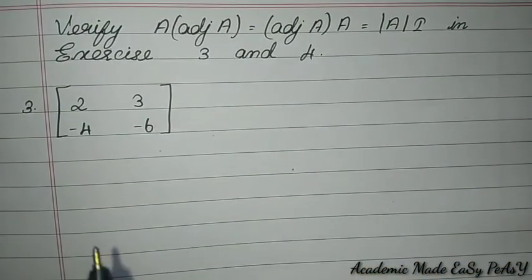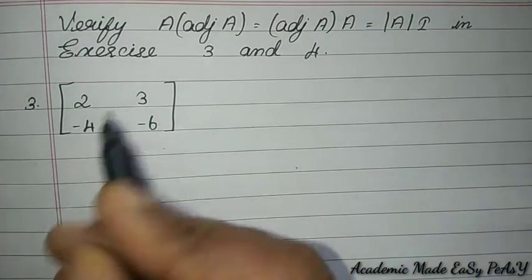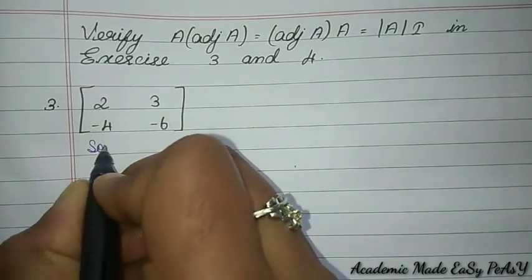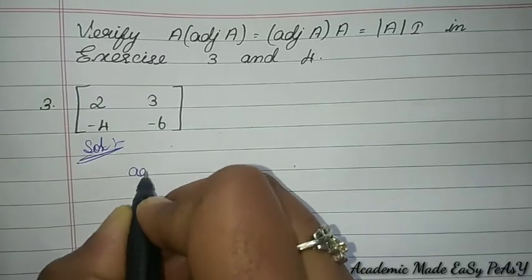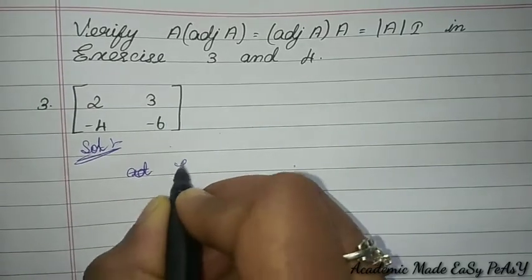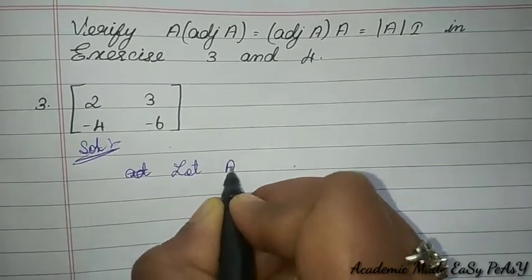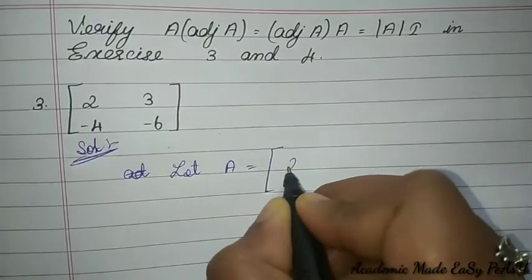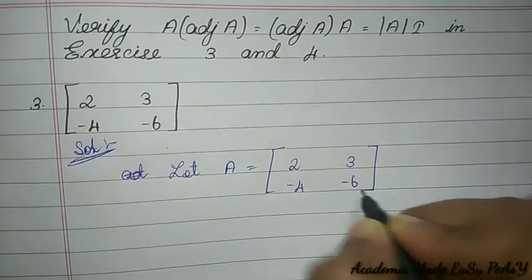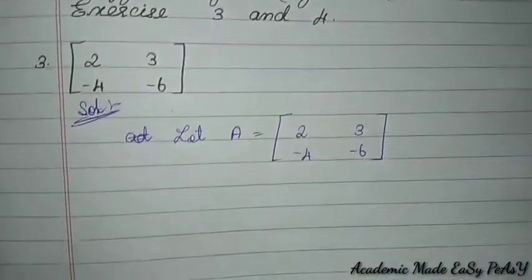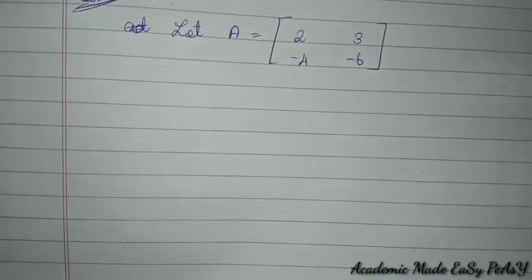So the matrices are given. Now let's start finding the answer. First we have to find the adjoint of A. Let matrix A be equal to 2 3 minus 4 minus 6. Now I will start finding the adjoint.